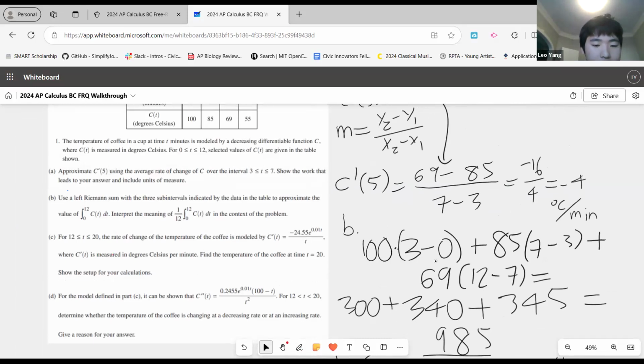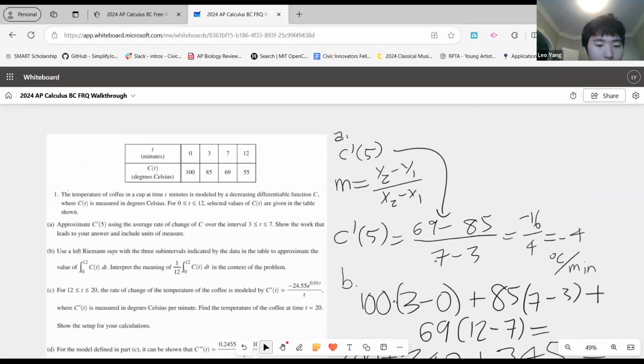So we have the rate of change of temperature of the coffee for when t equals 12 to 20. We want to find the temperature of the coffee at time 20. Basically, if we integrate this function, c prime of t, that is basically c of t.